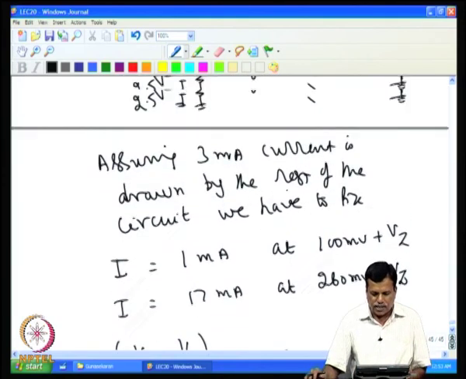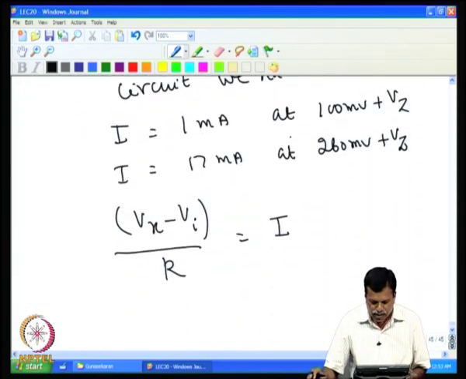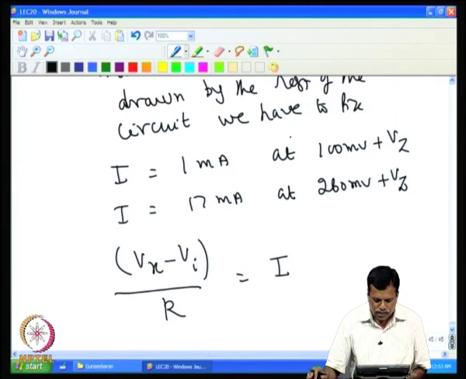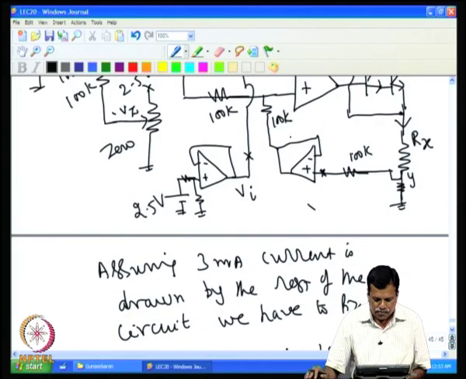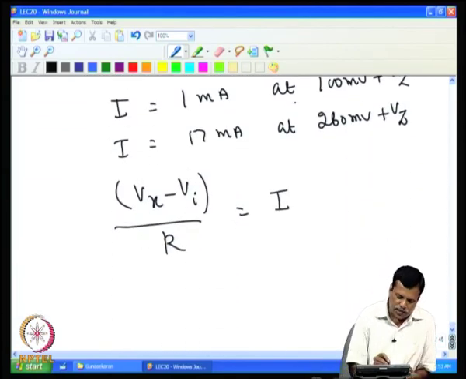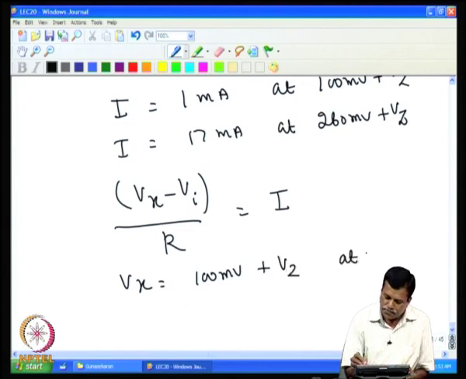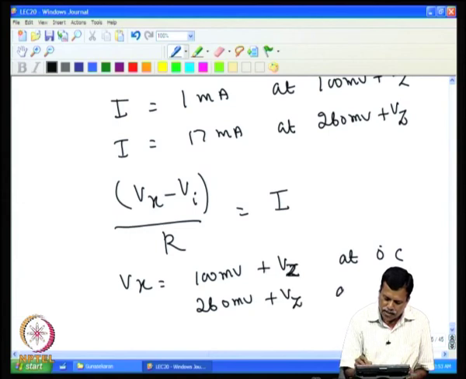So, one can select the Vi such that we get the required quantity, because Vx varies from 100 to 260 millivolts. So, the Vx variation is 100 millivolt plus Vz at 0 degree C, and 260 millivolt plus Vz at 400 degree C.